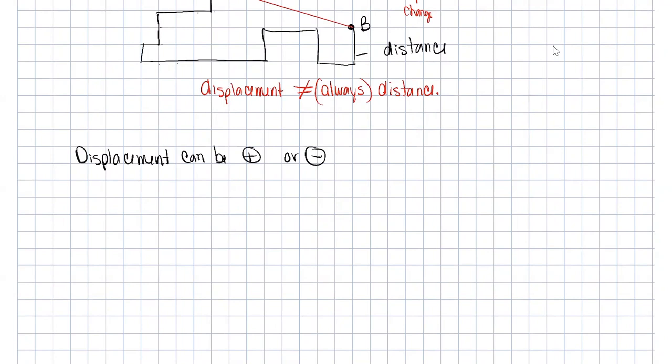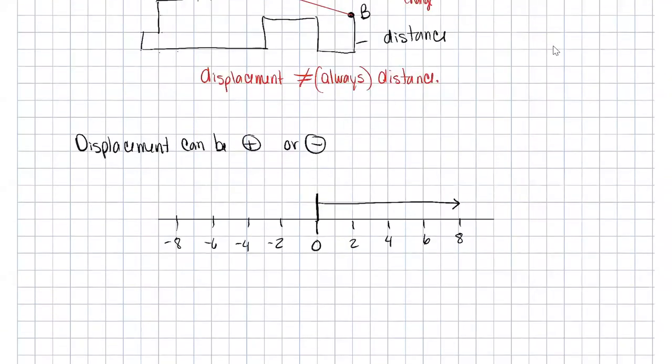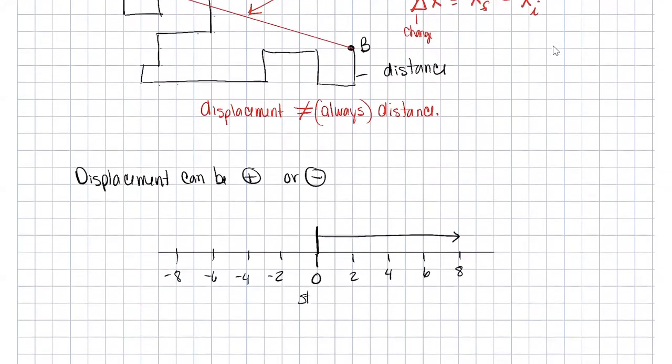In general, if you were looking at that imaginary ruler on the floor, and if we're going to look at 0 as being the initial starting point, if you were to move 8 meters to the right or away from the starting point, you would be moving plus 8 meters away.